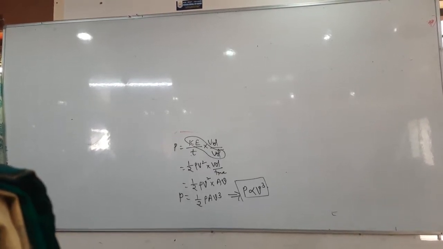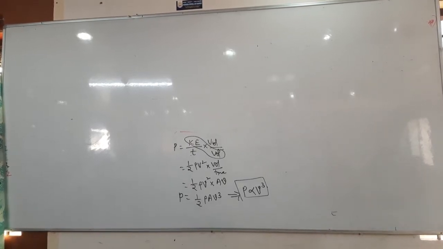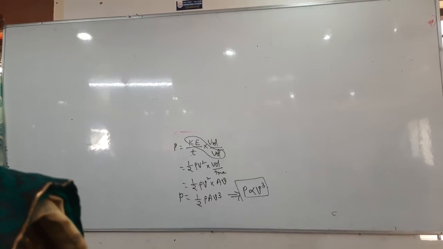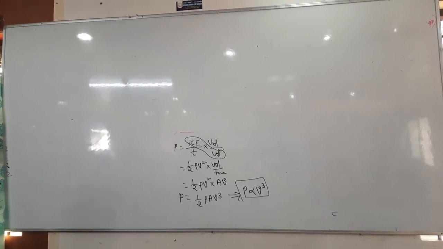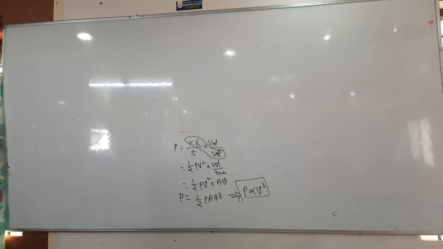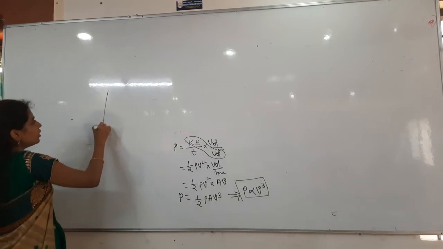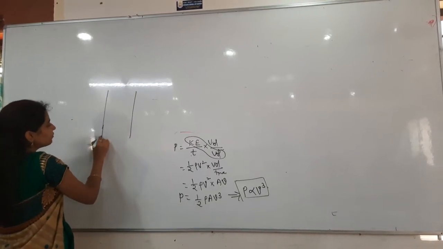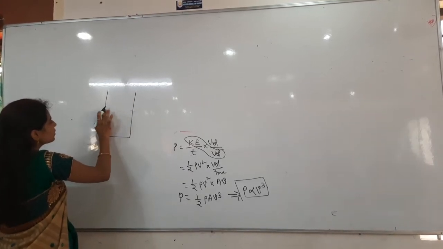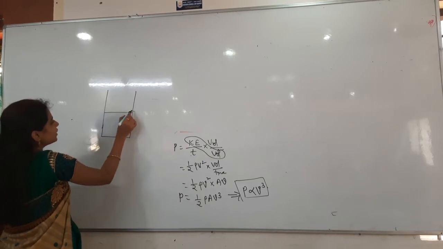Next problem you write. A tank is filled with two immiscible liquids of densities 2 rho and rho, and each of height h.